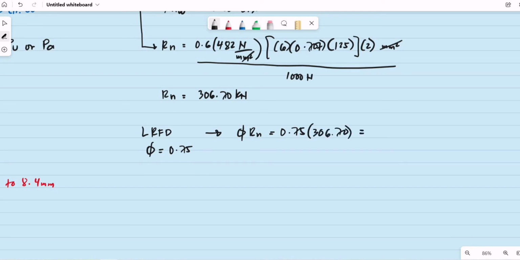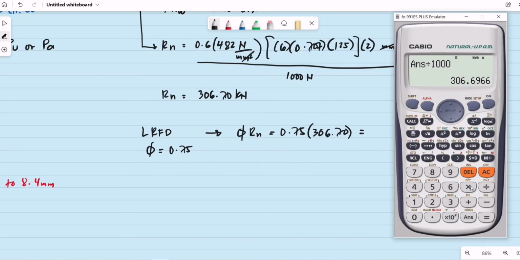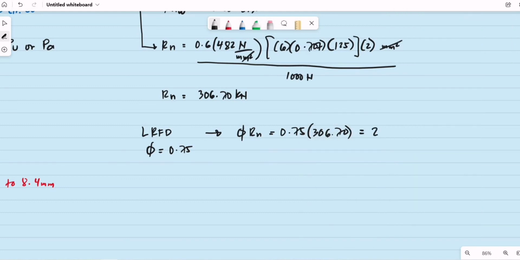The design strength will be 230.02, so a design strength of 230.02 kilonewtons.